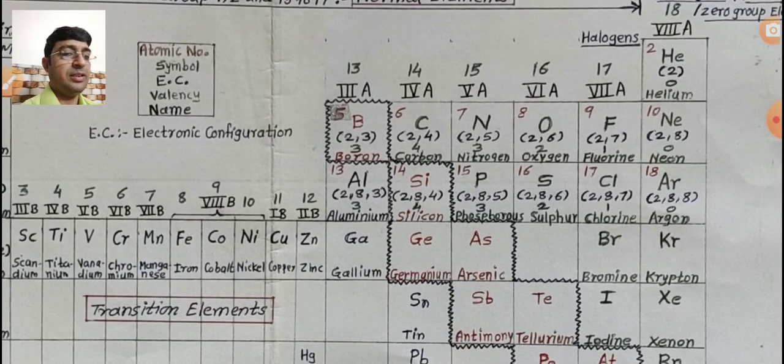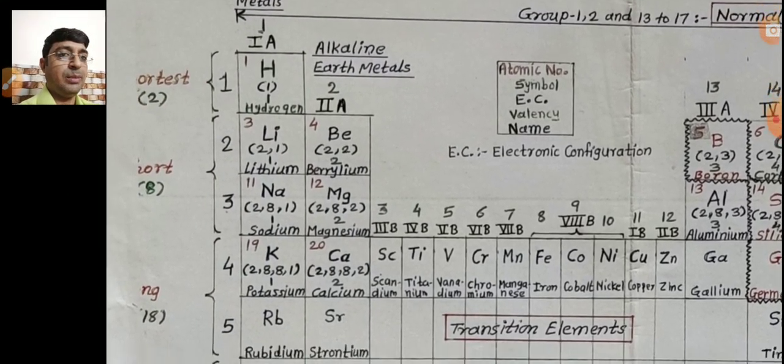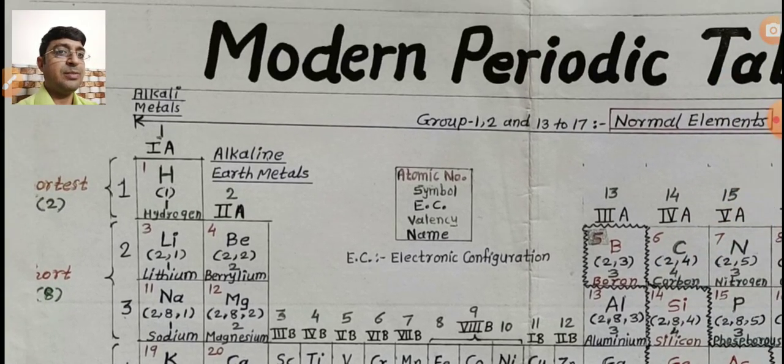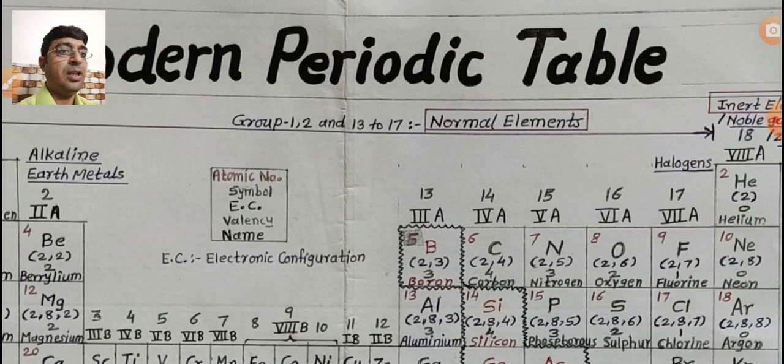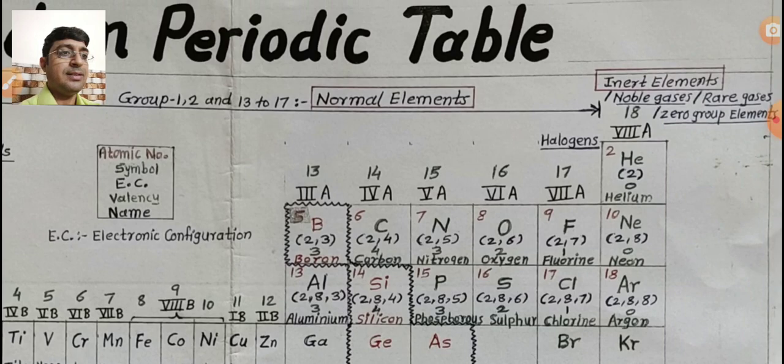Whatever information is required in 10th standard is given in this table. Especially four types of elements are present here. The first type, present in groups 1, 2 and 13 to 17, are called normal elements. Next, inert elements.